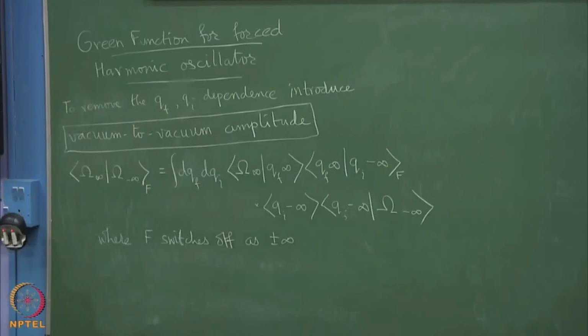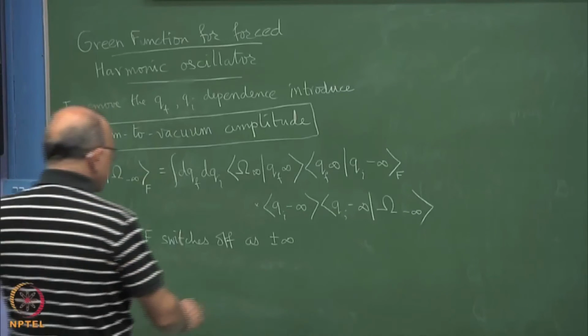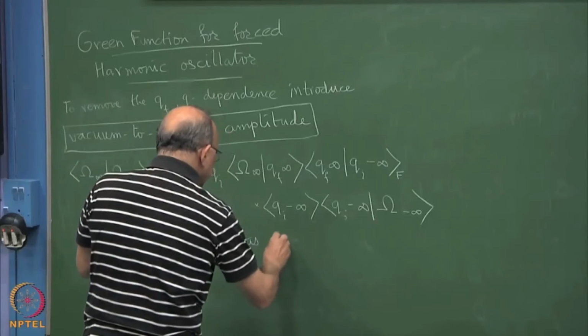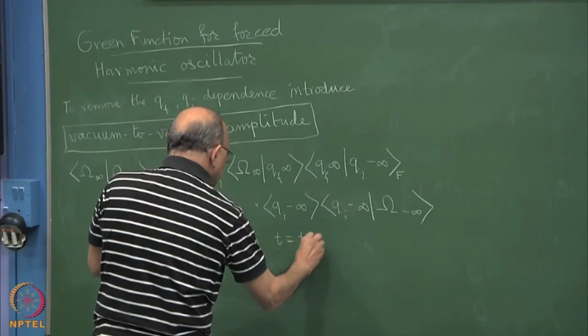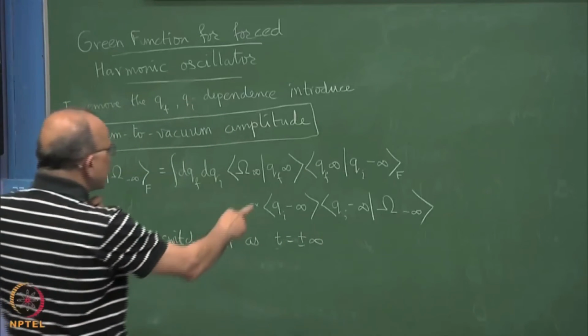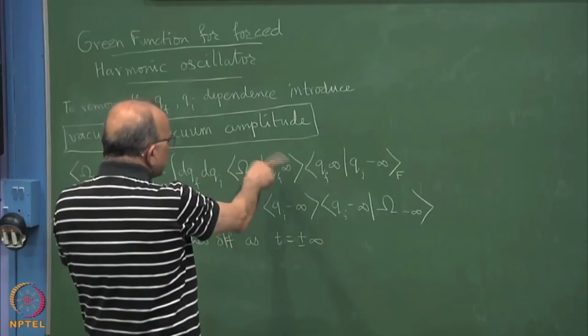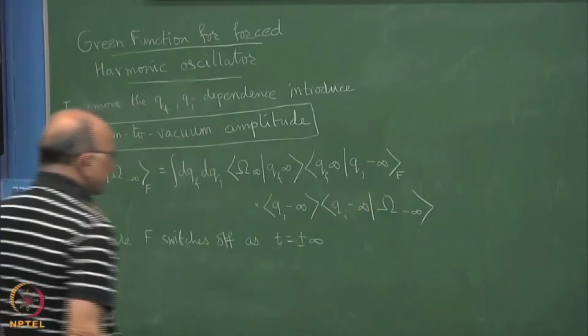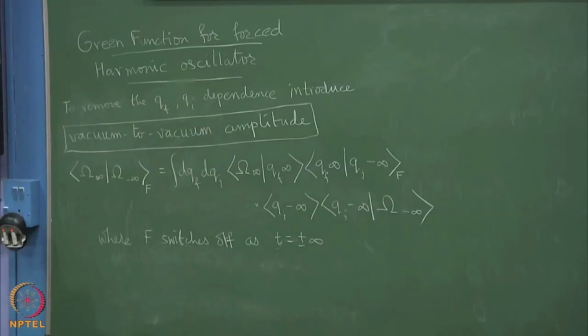In fact, F is in time domain, so we should have said it there, at t equal to infinity, and therefore it doesn't appear here, does not afflict the overlap over there.